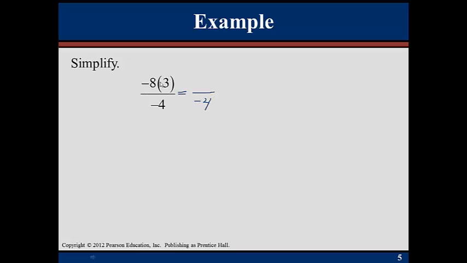Remember, when we see parentheses like this, it really means multiply. So that says -8 times 3, which is -24. And then the last thing we need to do is divide this out. So -24 divided by -4 is positive 6, because remember, a negative divided by a negative is a positive. So this answer is 6.